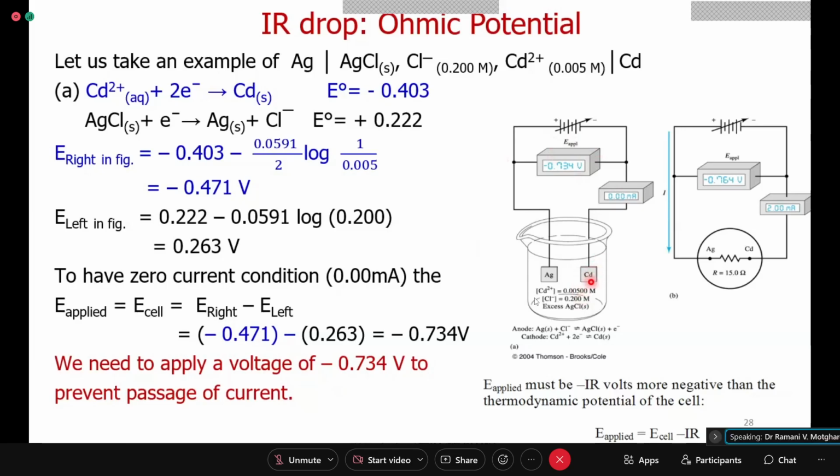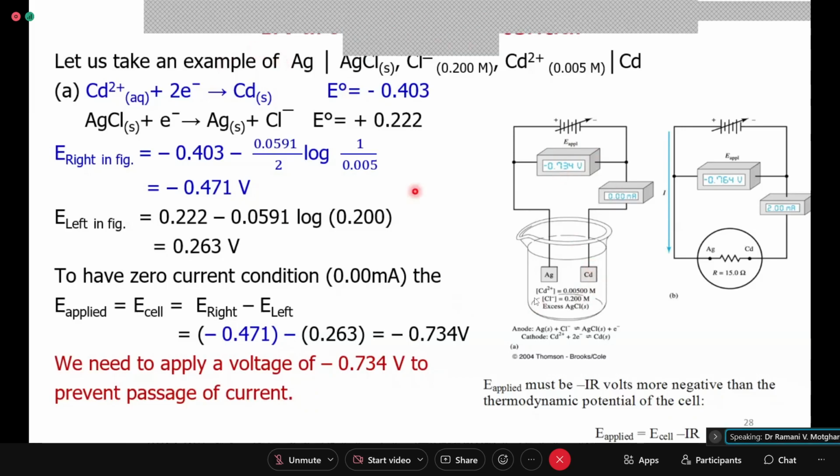Oxidation means what? Oxidation means corrosion, right? So this is useful for understanding that also. But here we are trying to understand what is ohmic potential or IR drop. So we need to apply a potential of minus 0.73 volt to prevent passage of current and maintain a zero current condition.